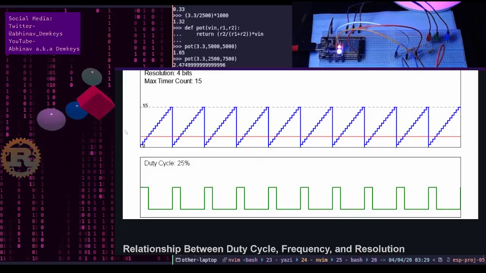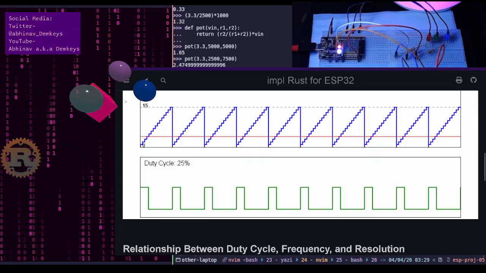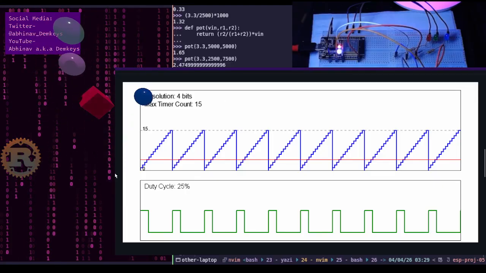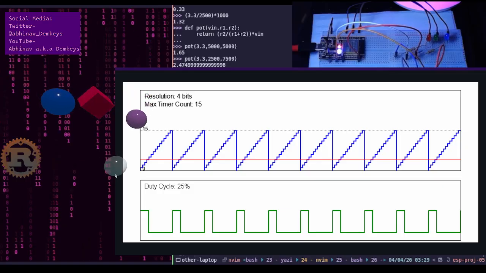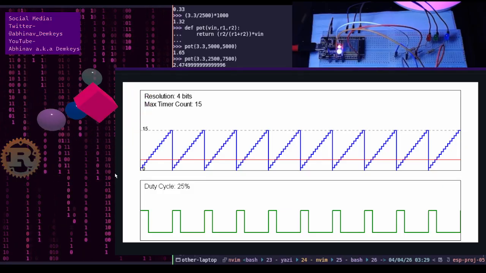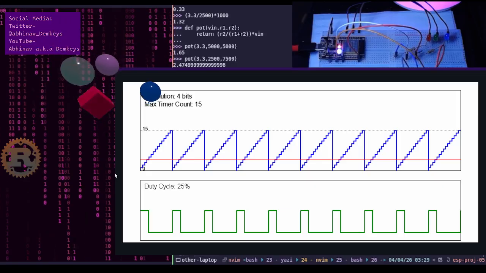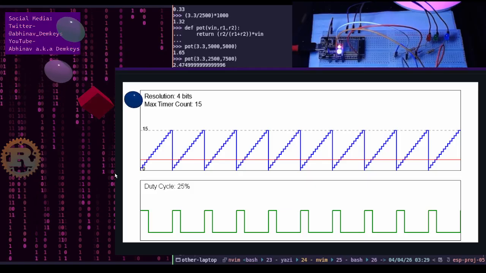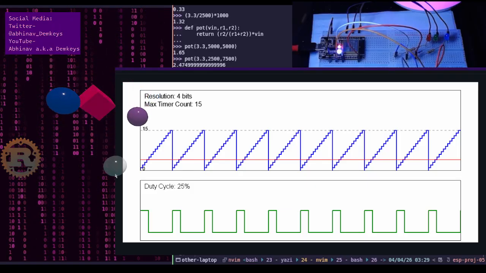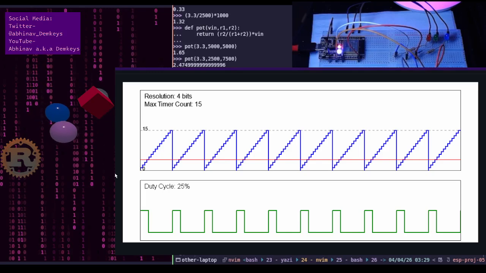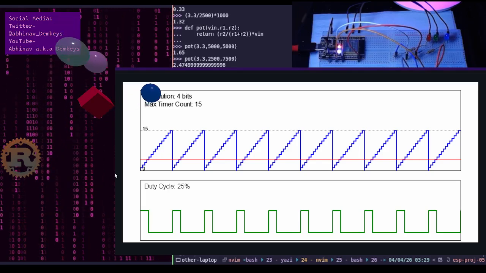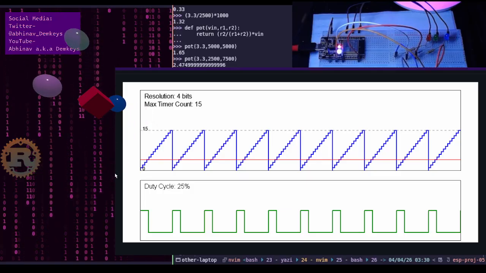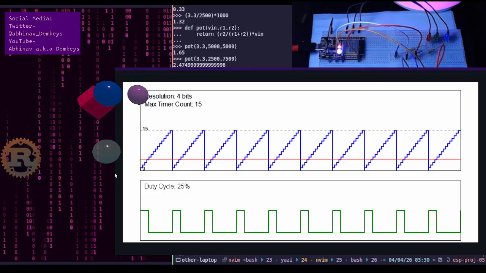Oh yeah, it mentions it here: max timer count. I was wondering whether the timer count is limited to within 1 second, but I think it's limited to 1 cycle.